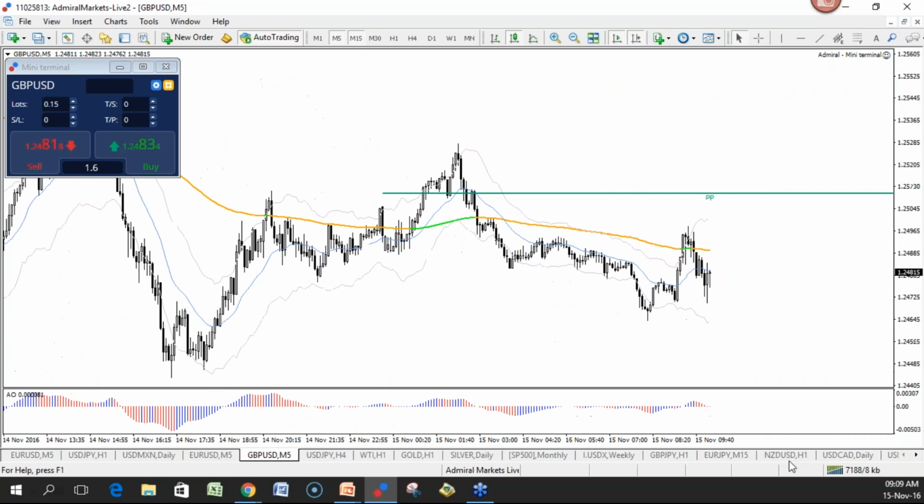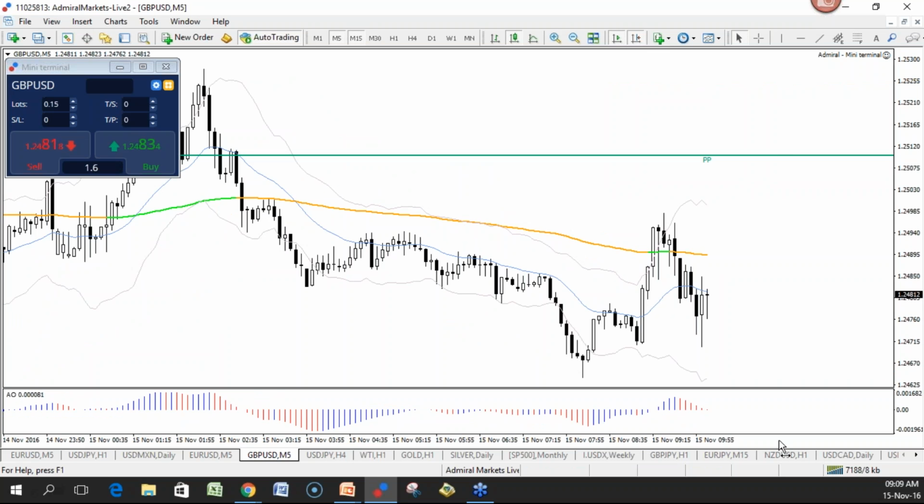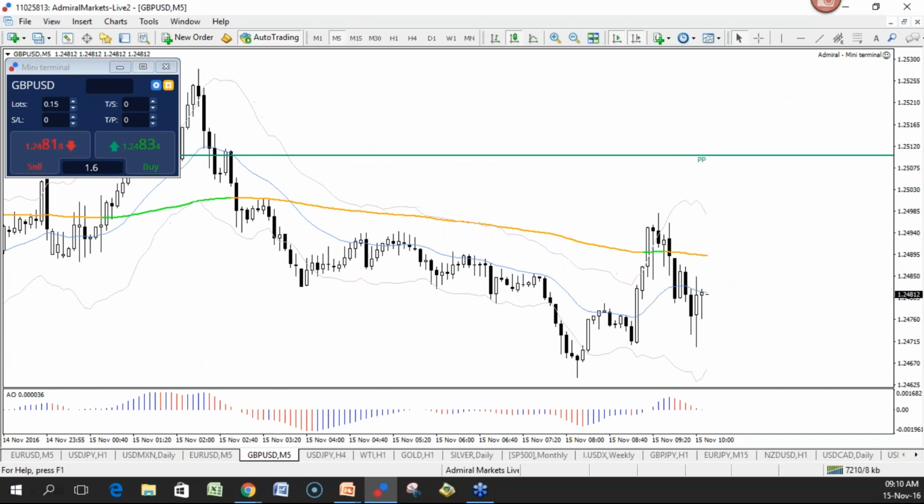Let's take a look at the 5-minute chart. Yeah, so I think this bounce is still probably a good chance as long as this bottom doesn't get broken.